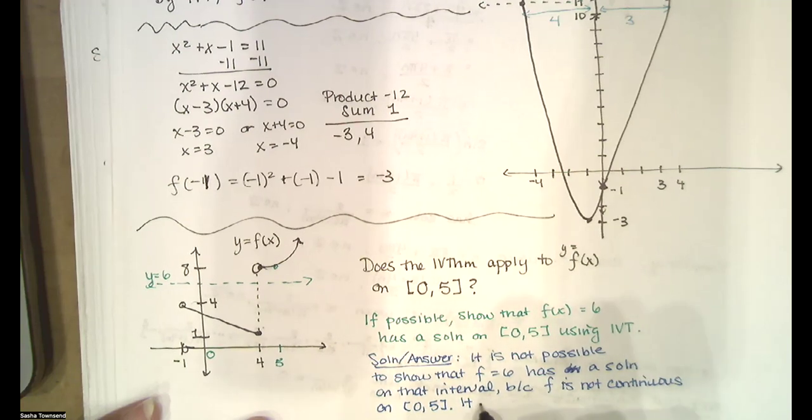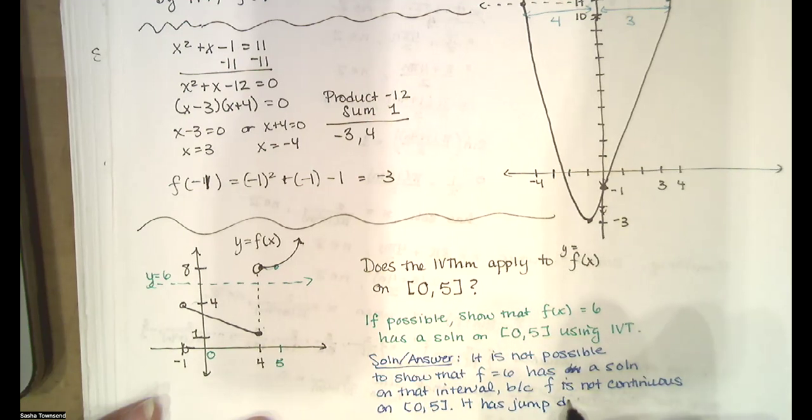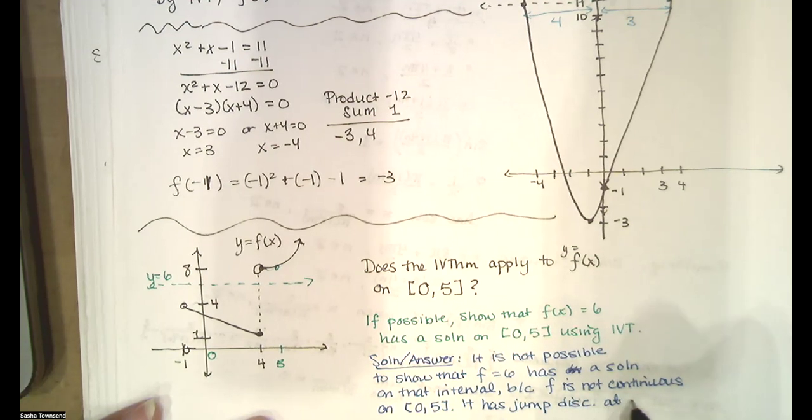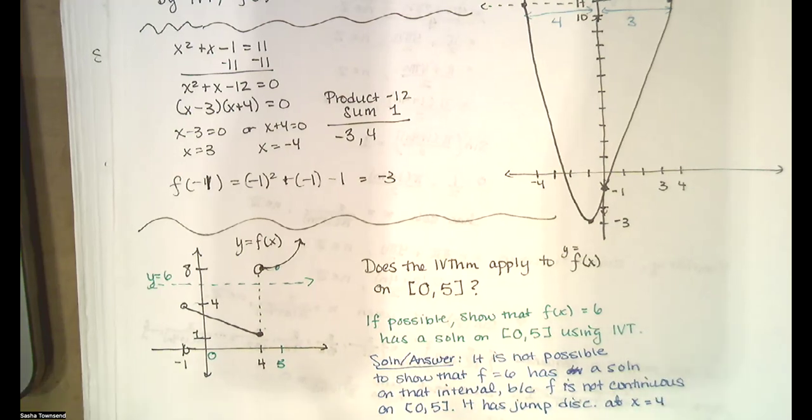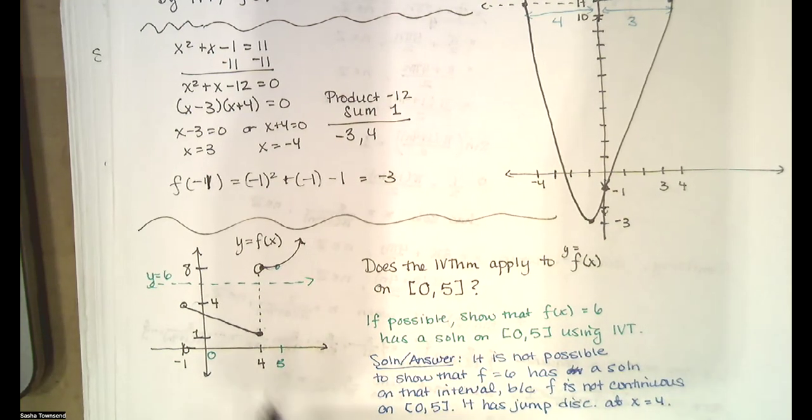And we can be specific, it has a jump discontinuity at x equals 4. So we're skipping some y values there.